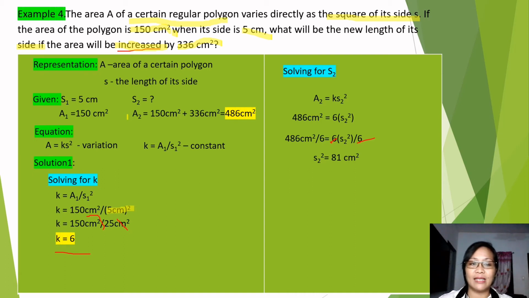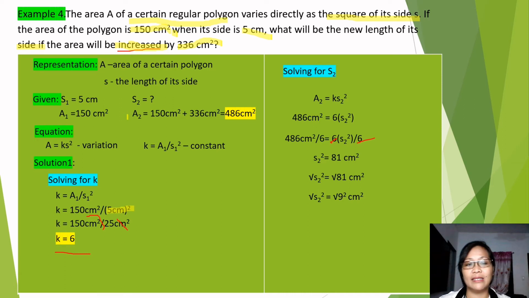And then to extract the square, we need to put a radical sign on both sides. So we have the square root of S sub 2 squared is equal to the square root of 81. If you don't have a calculator, you can think of a factor of 81 where one of the factors is a perfect square.